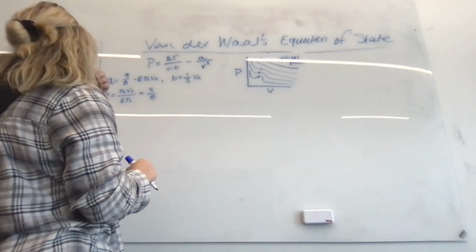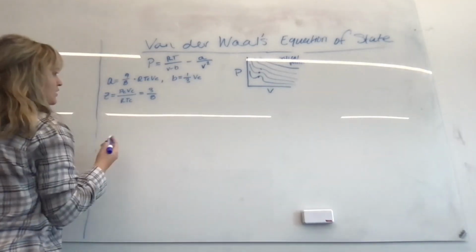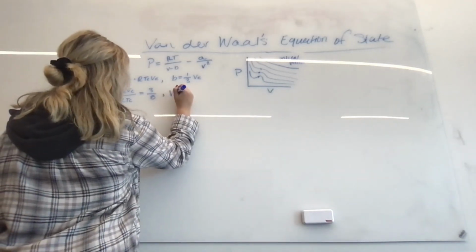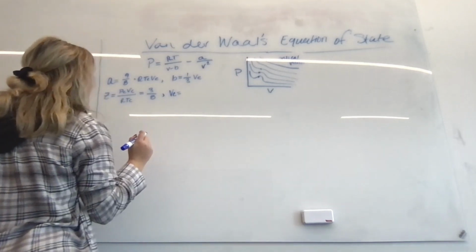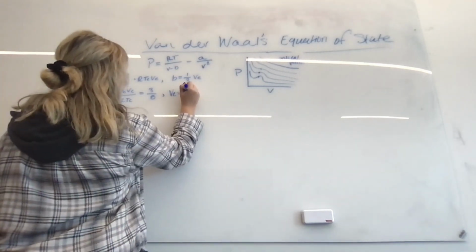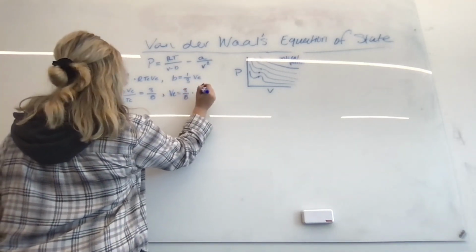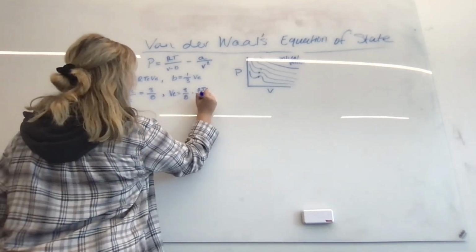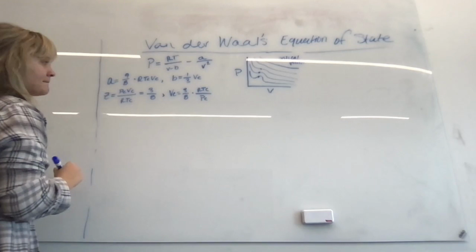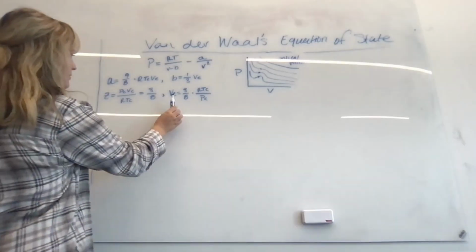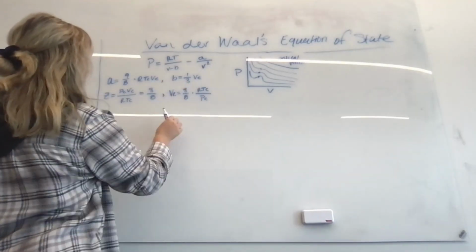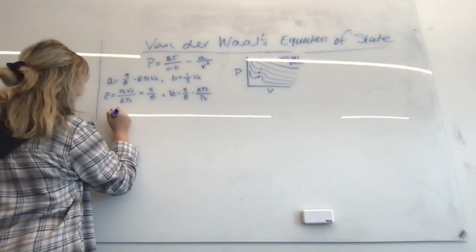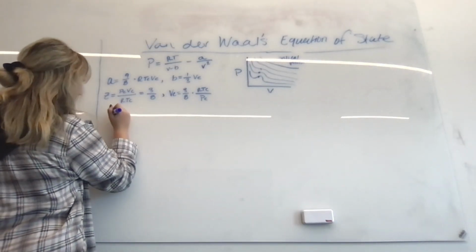So first thing, let's go ahead and solve this for V_C. If we rearrange this equation a little bit, we're going to get V_C is equal to 3/8 times R T_C over P_C. So now let's plug this back into these equations for V_C. Let's start out with our B actually.